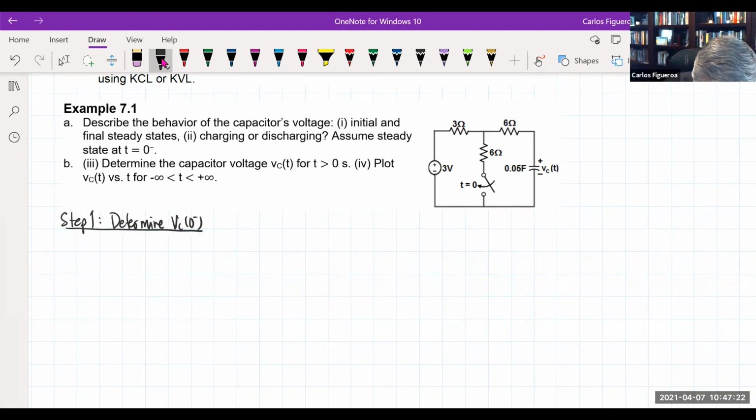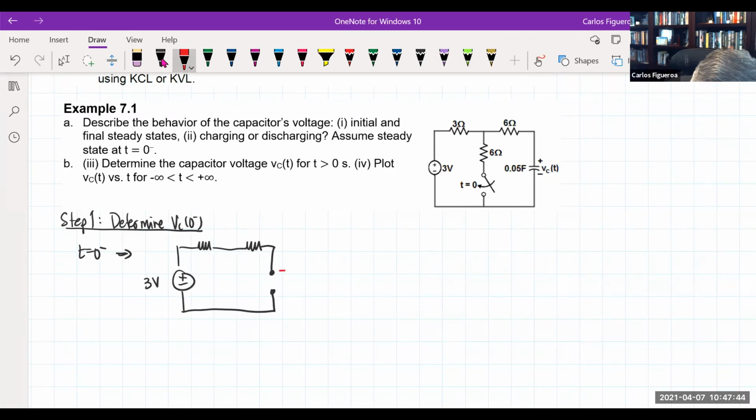The first thing that I'm going to do here is look at t equal to 0 minus. This tells me that the circuit goes like this. The cap is now at steady state. Since there's no current in the circuit, VOC is 3 volts. So now I've got that.